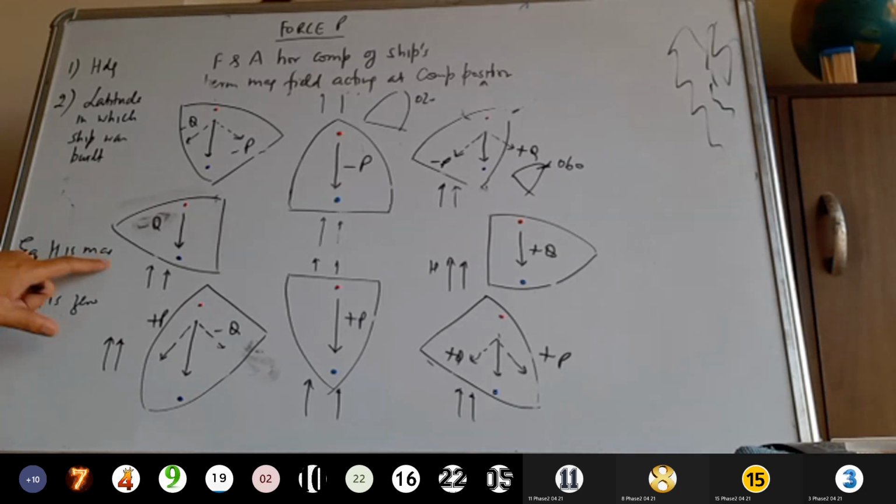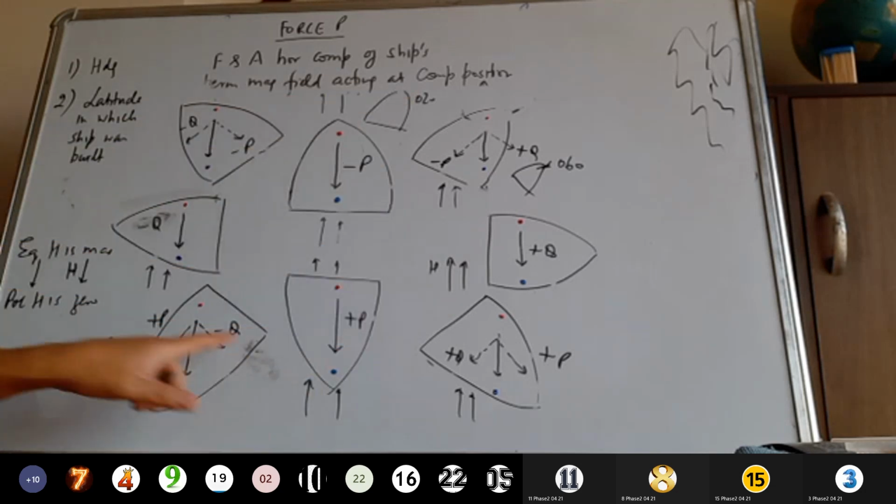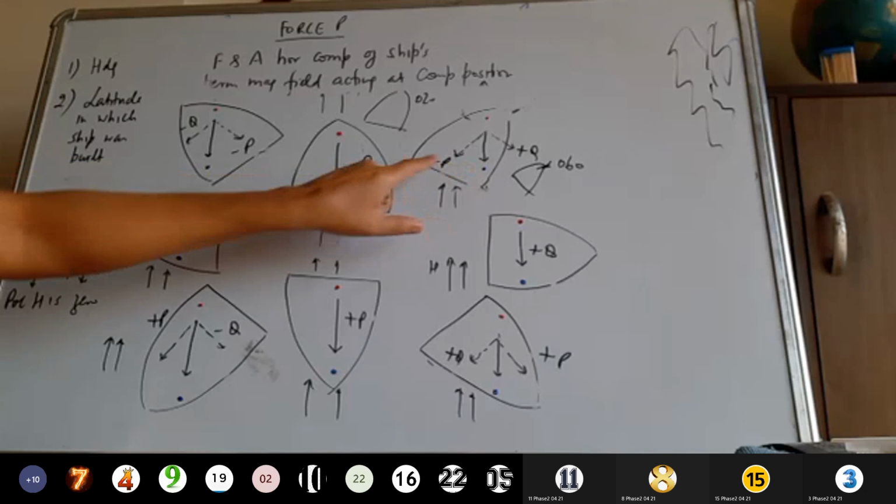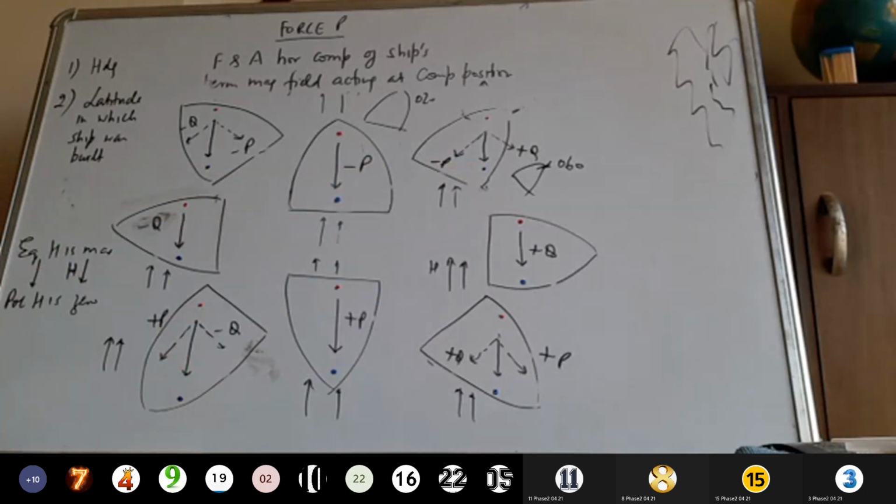So at the equator H is maximum, at the pole H is 0. And as we go from the equator towards the pole, H is reducing. So when the inducing force is reducing, the induction will also reduce, and then the magnitude of these forces will also reduce.